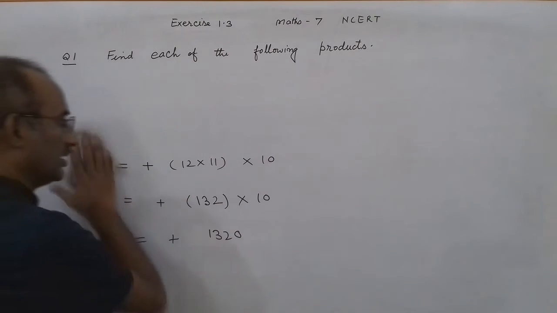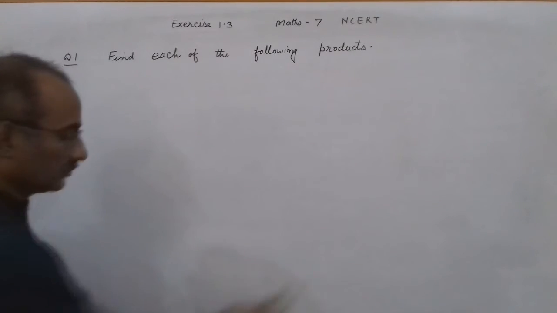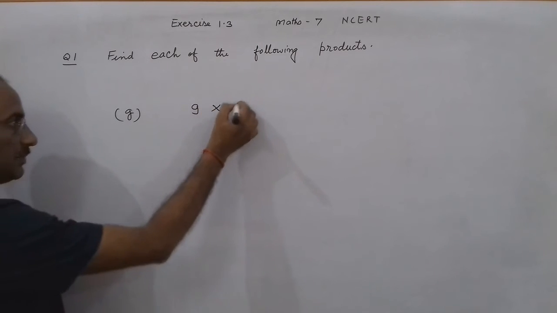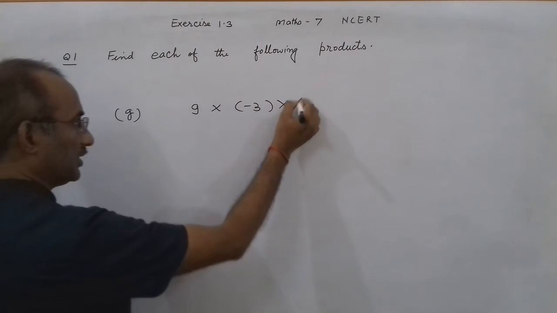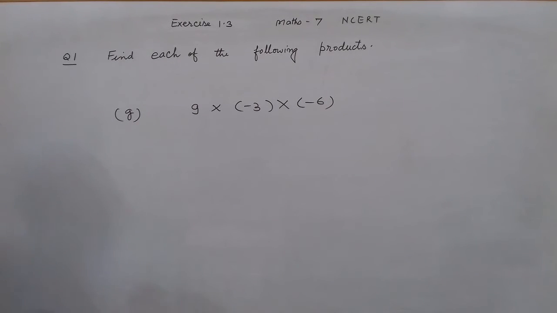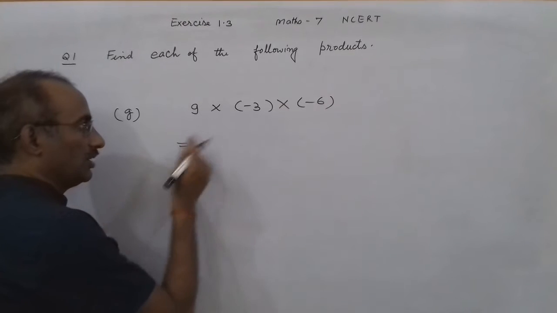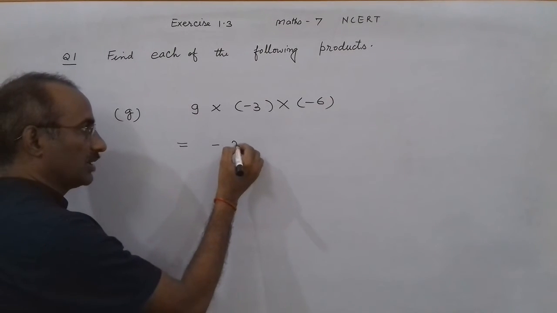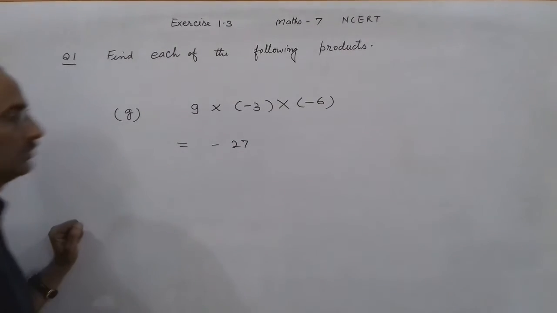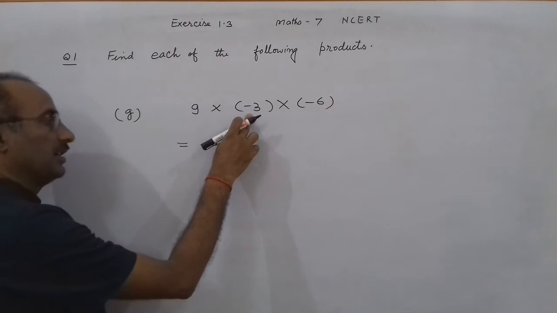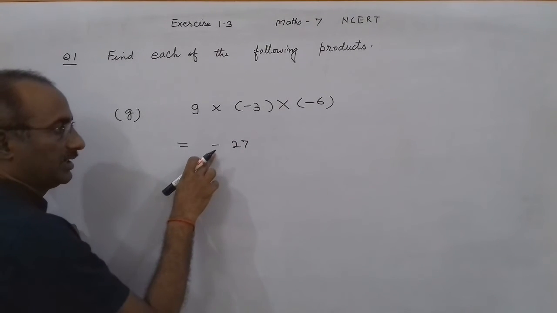The next question is 9 multiplied with minus 3 multiplied with minus 6. So if we multiply 9 with minus 3, then we get minus 27, because when a positive integer is multiplied with a negative integer, then we get a negative integer.